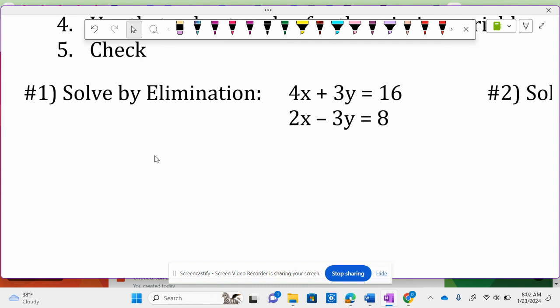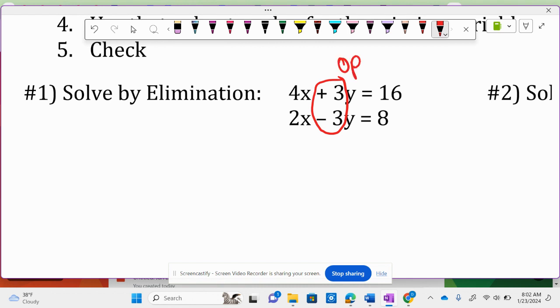Do you see opposite coefficients for the same variable? Which variable has opposite coefficients? Yeah, the +3 and the -3 on the y. Do you guys see this? I'm going to circle these. We have a +3 and a -3 attached to my y. These are opposite coefficients.